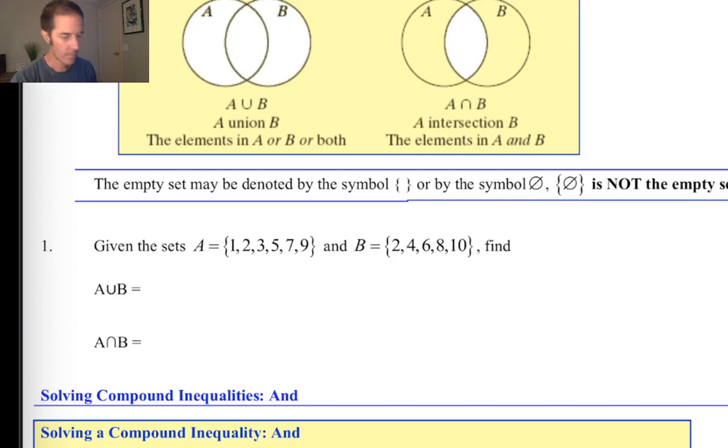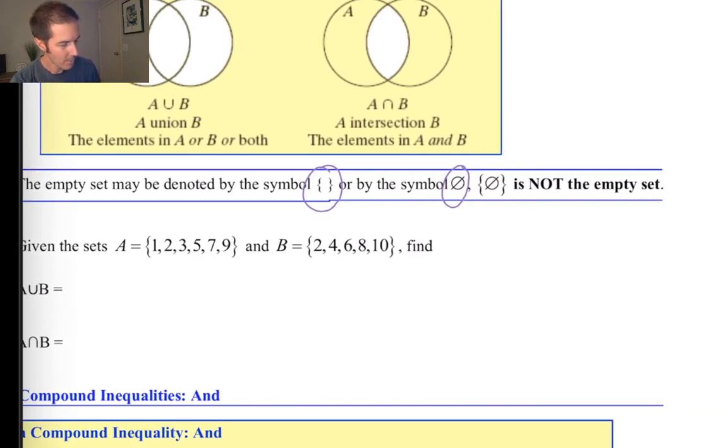But be aware, before that, it's possible that two sets will have nothing in common. And if that's the case, sometimes you'll express your answer as no solution. You might express your answer as a pair of set braces that don't have anything in between them. Or you could use this circle with a slash through it.